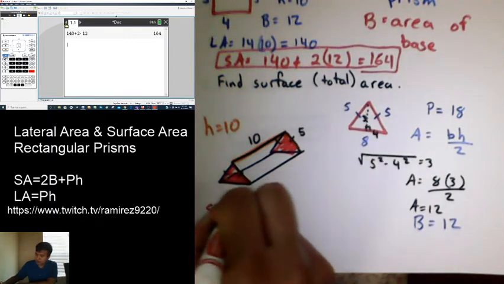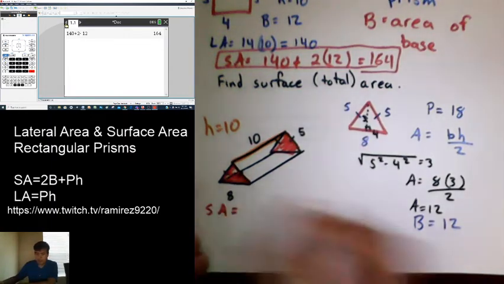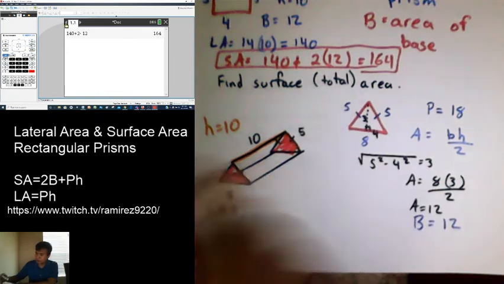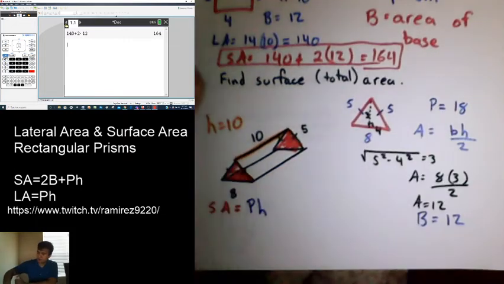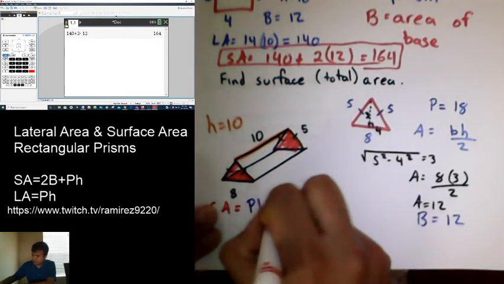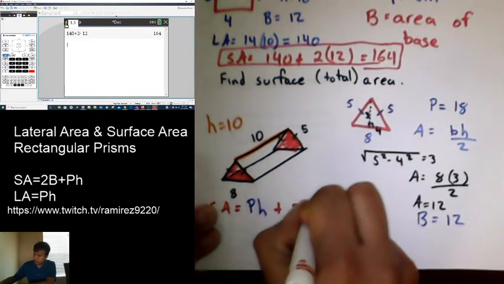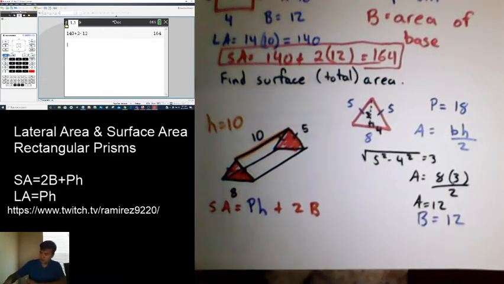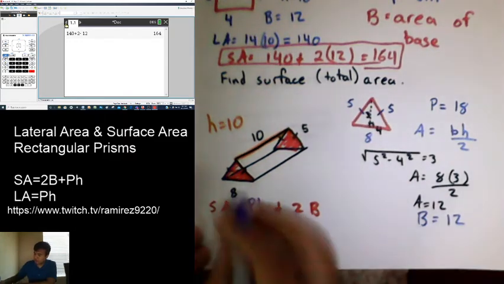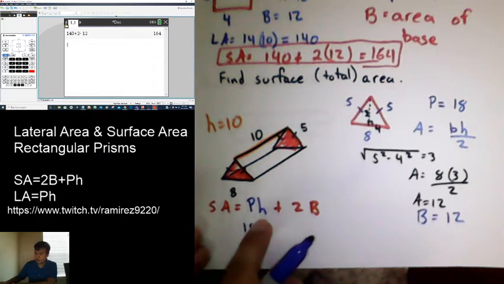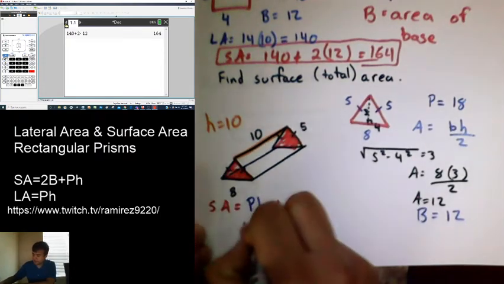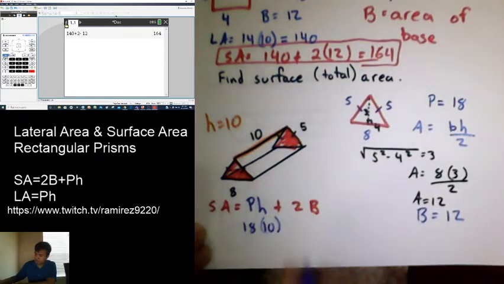Surface area is equal to my lateral area, which is P times H, plus 2B. Well, I already know that P is 18. I know that the height, be careful here, this height uses the 10, the height of the prism, plus 2B, and B was 12.